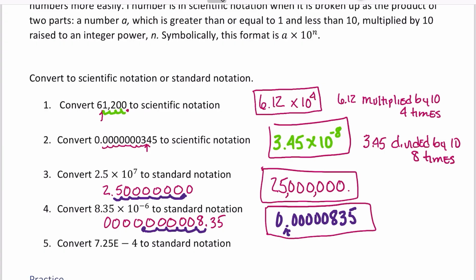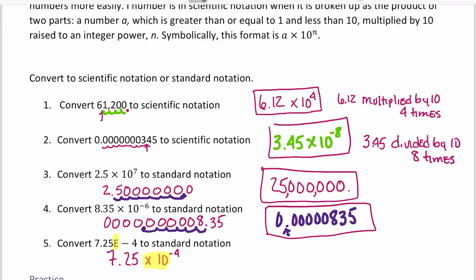The last one is one you might see on a calculator, and it says 7.25 e negative 4, or e minus 4. What that means is you can translate it to 7.25 times 10 to the negative 4th. The e translates to times 10 to, and then the exponent is negative 4.